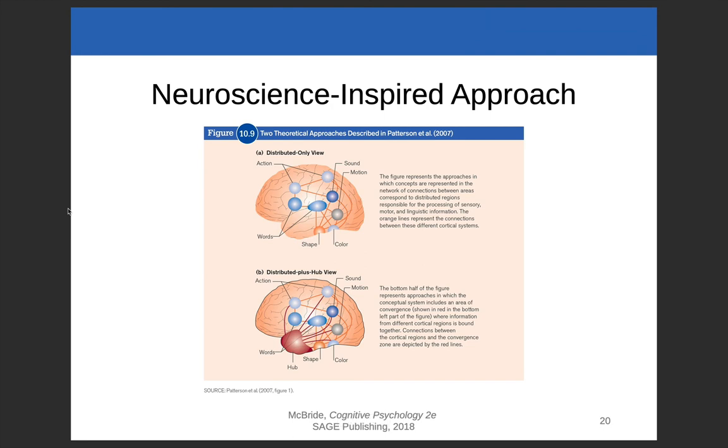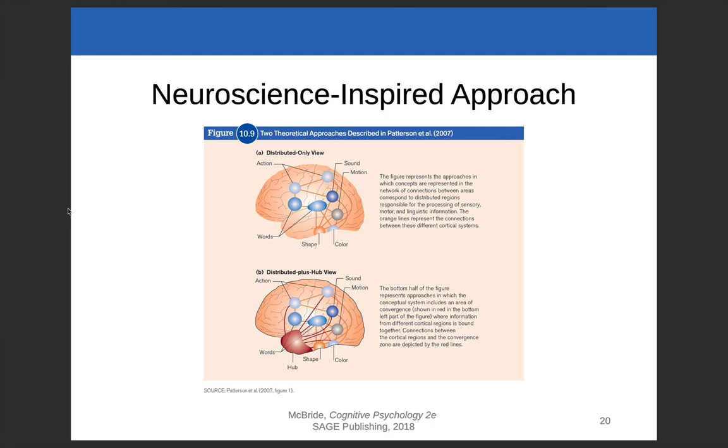And here's the picture that I was mentioning to you, this little picture of these little balls. The take home message of this picture is that there are a couple of different possible ways that our brain might be working. The first one is that different features of categories are processed by different areas of the brain.